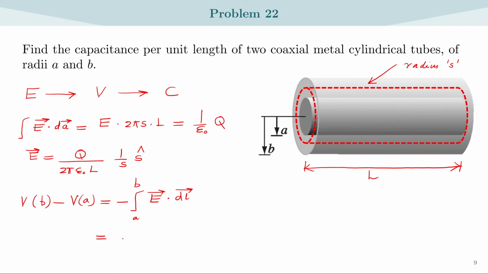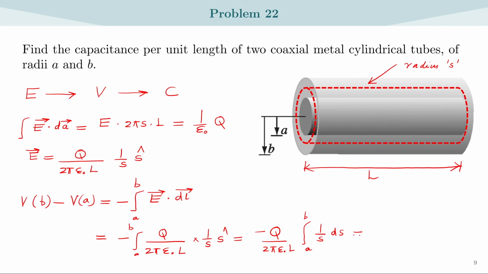So this is equal to negative of integral A to B Q over 2 pi epsilon 0 times L times 1 by S S hat, and this is equal to negative of Q over 2 pi epsilon 0 L times integral A to B 1 by S times ds, and this is equal to negative of Q over 2 pi epsilon 0 L and then natural logarithm of B over A.